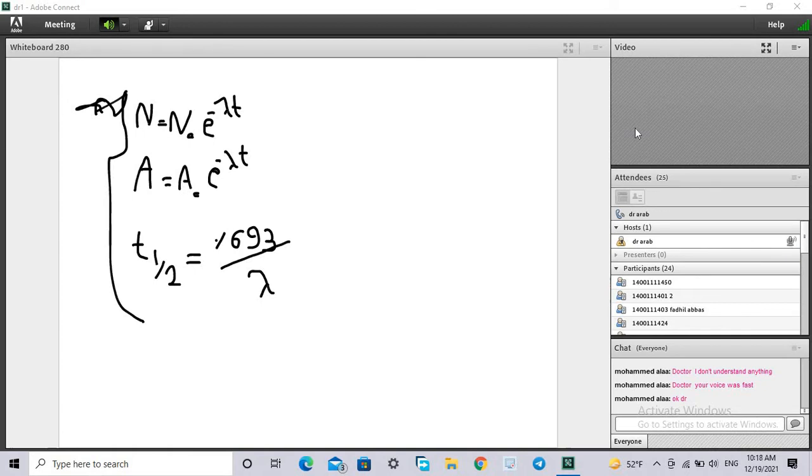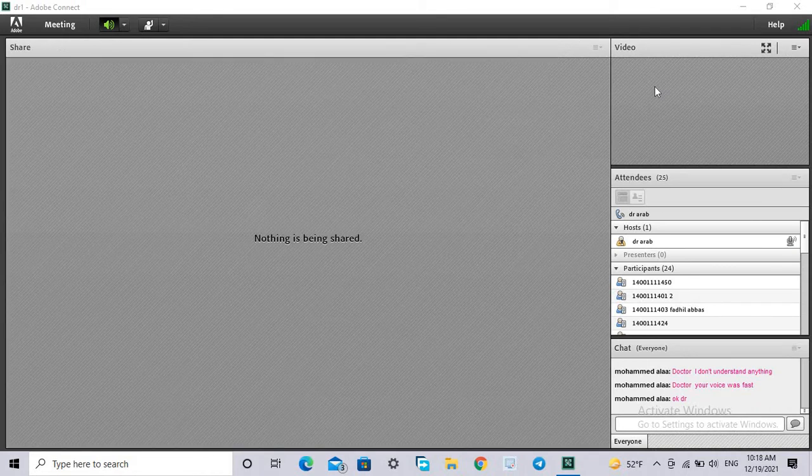One of them is the number of radioactive nuclei after passing time T. A is the activity after passing time T, and half-life time is the time it takes to halve the number of radioactive nuclei, or to reach half of the activity after passing time T. I will help you learn them perfectly with some sample questions. Okay, go back to our PowerPoint.